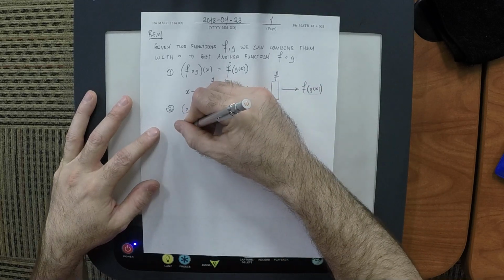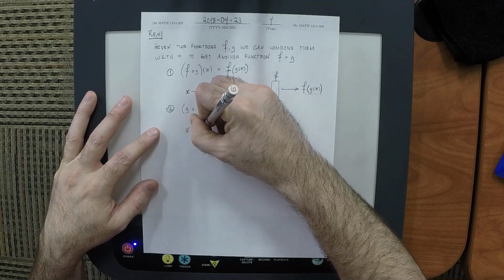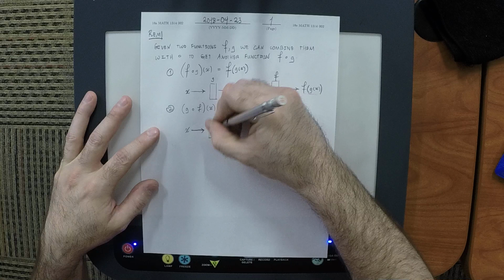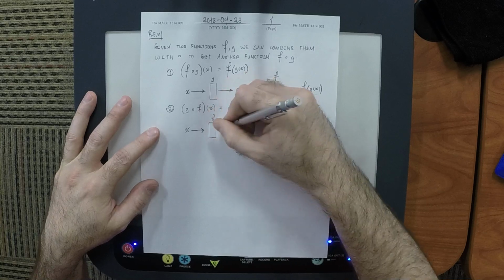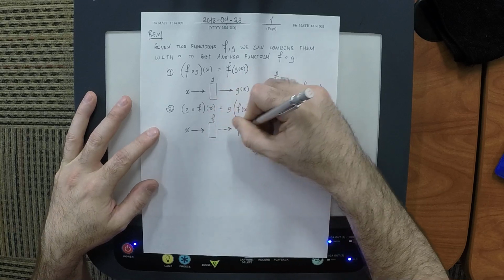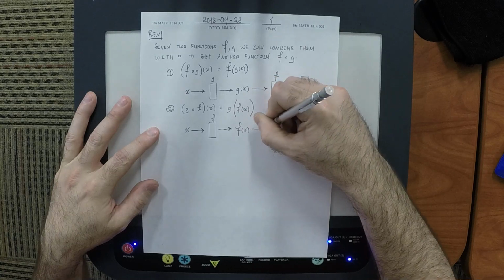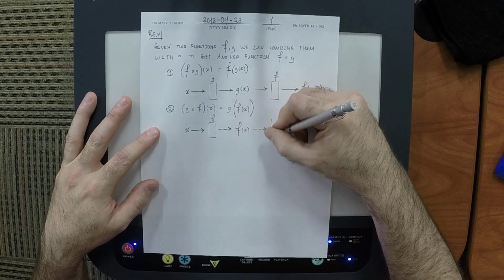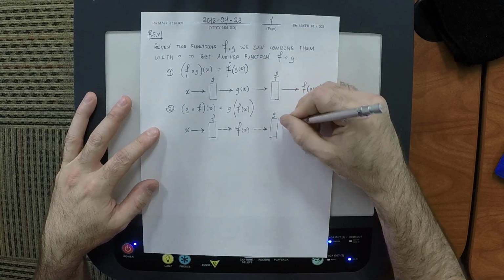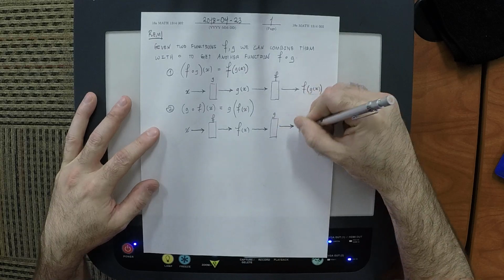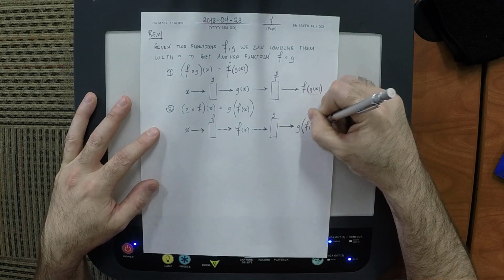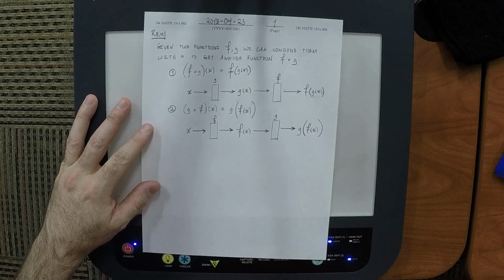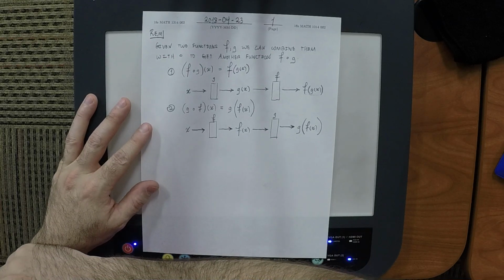In the assembly line picture, x proceeds to the f machine first. Out comes f of x. The result continues down the conveyor belt to the g machine, and out comes g of f of x.